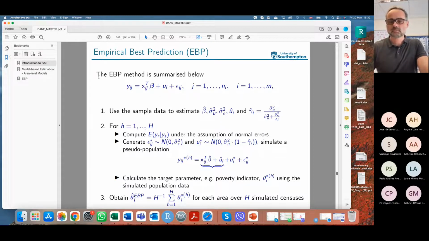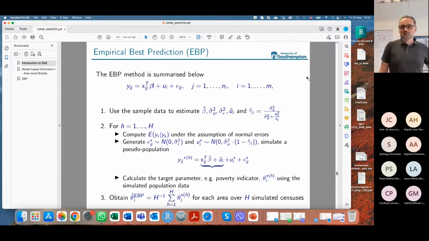What you do with this is use the sample data to estimate the parameters of the model: beta hat, sigma hat u, sigma hat e, and the predicted random effect, ui. And when you have all of these parameters, you can get an estimate of the shrinkage factor gamma I, which is equal to this expression here.